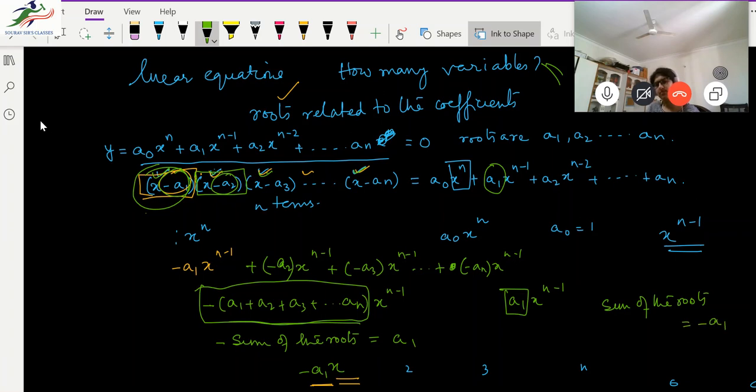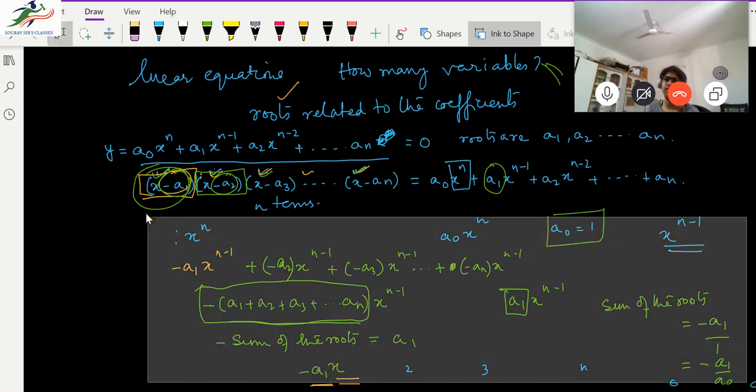Similarly, we can write this as minus a1 by 1, and we have found a0 to be 1, so this will become minus a1 by a0 in general, right?